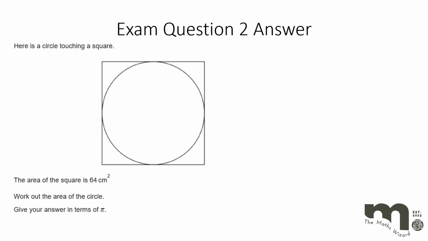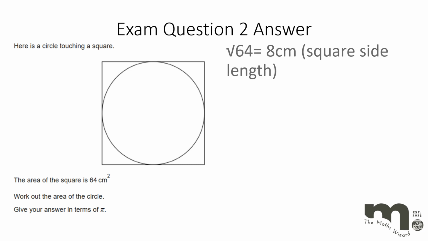Okay, so let's have a look at this. If the area of a square is 64 centimeters squared, if we square root that, that will tell us the length of each side on the square. So it's a square with side length 8 centimeters. What that tells us is, because this is 8 centimeters here on the left hand side, I'll just write that on, that's the diameter of the circle.